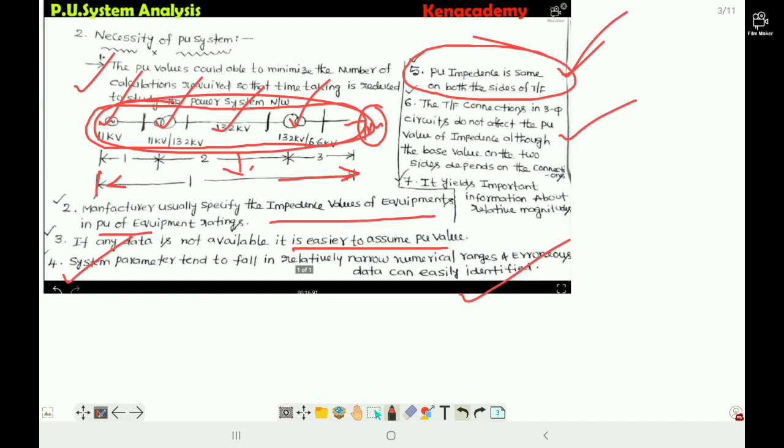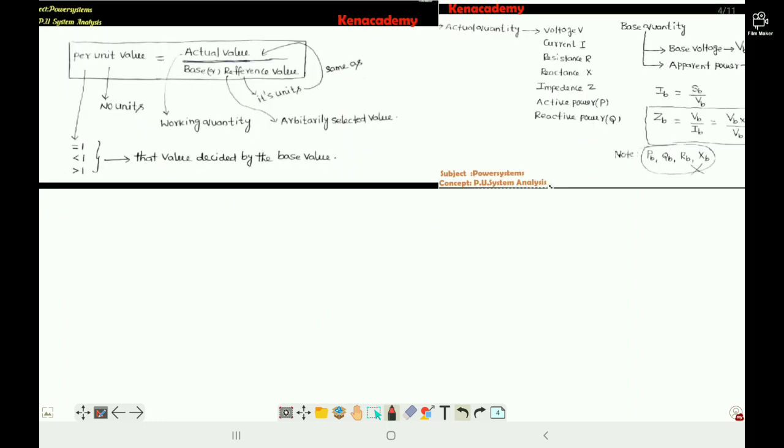In that case, whatever points I have given here, write down all these points on the per unit system side. Exactly opposite, write down the points on the absolute system side. That is over. Like that we can answer any question based on this topic. Clear? Then go for the definition of the per unit value.